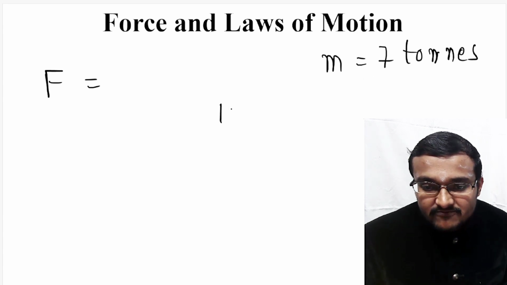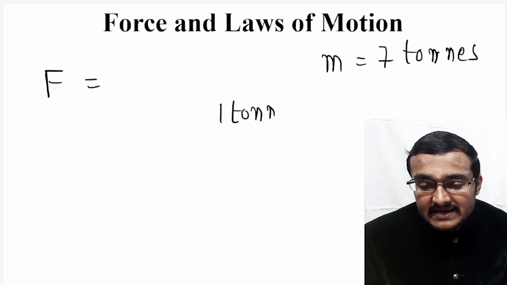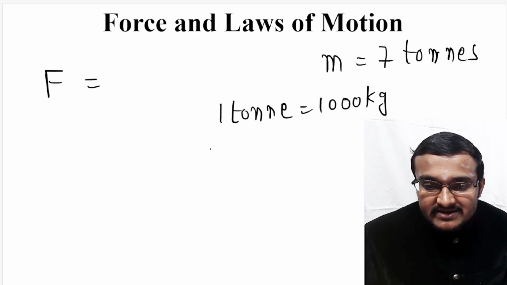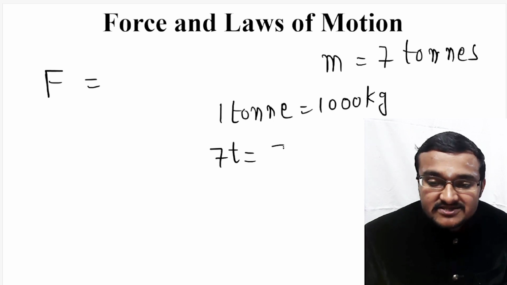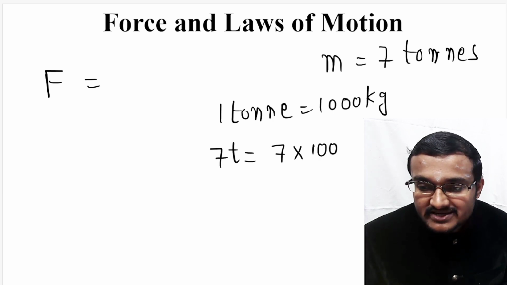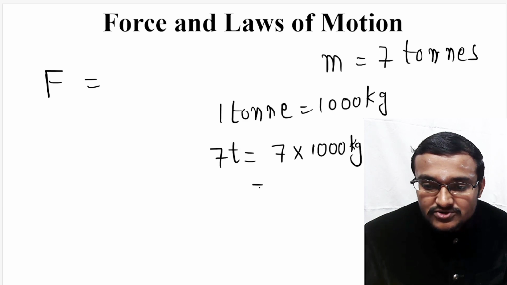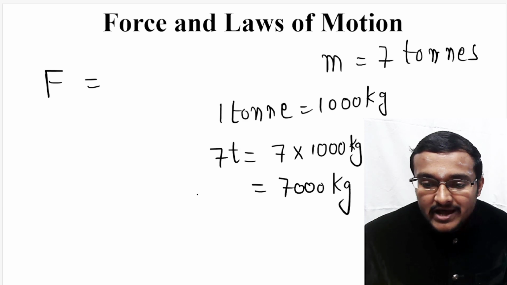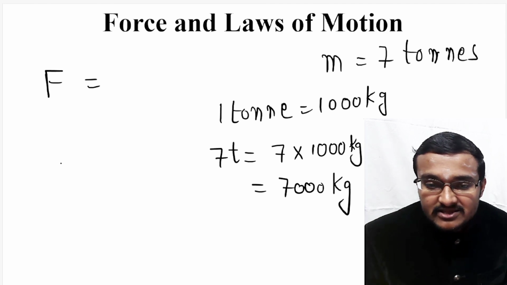You should remember 1 ton is actually equal to 1000 kg. So 7 tons will be equal to 7 into 1000 kg, that is 7000 kg. Now you have mass in SI unit, that is 7000 kg.